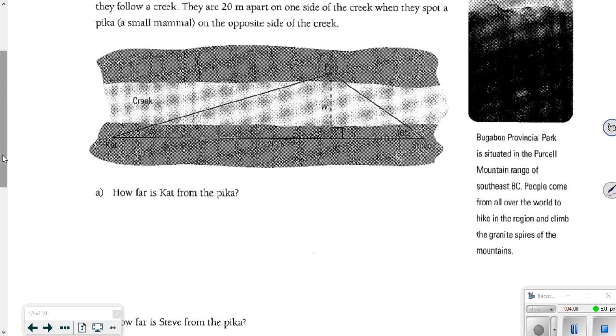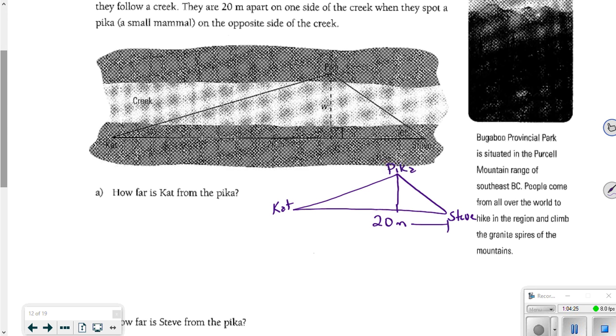I'm just going to redraw the whole diagram just because it's awful. Kat's down here. Pika's there. Steve is here. I know that they're 20 meters apart.